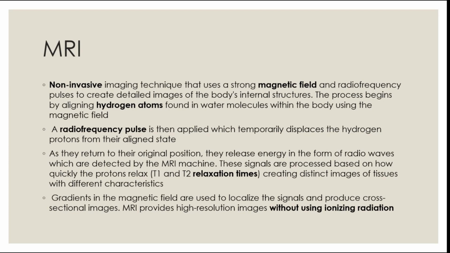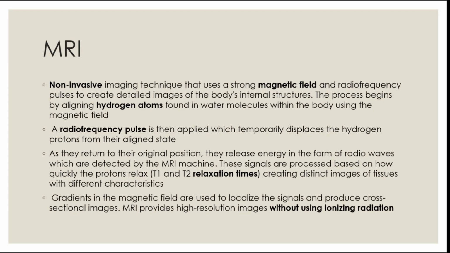And then the MRI produces some radio frequency pulses. These radio frequency pulses displace the protons from the hydrogen and change the alignment, either to 90 degrees or 180 degrees. Once the radio frequency pulse is removed, the proton relaxes and goes back to its original state. When it does that, it releases electromagnetic waves that are detected.